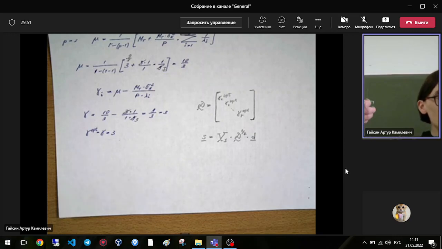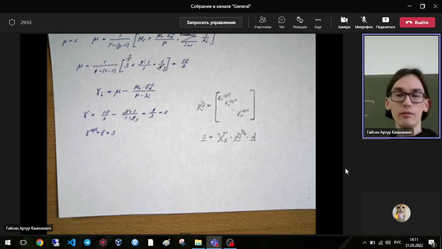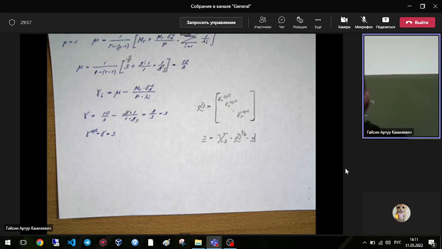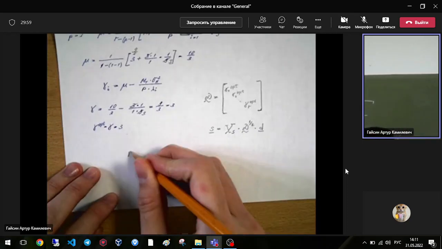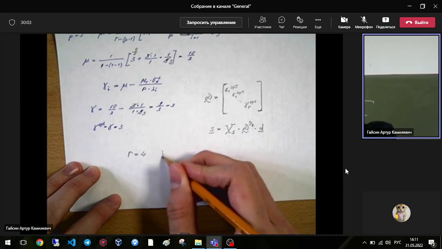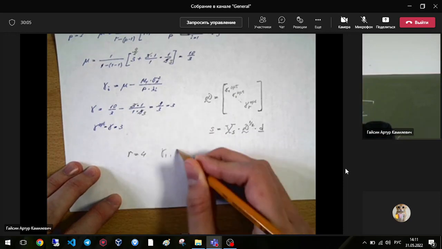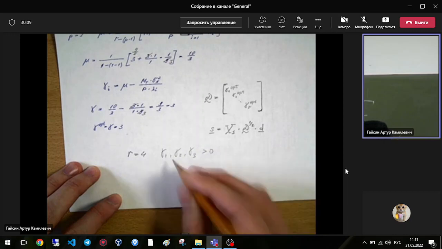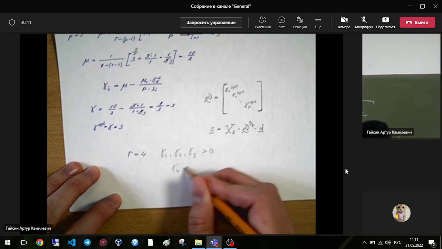And you just switch off one, and all this power will go to, for example, if you have rank equal to 4, maybe. And you see that omega 1, omega 2, and omega 3, for example, are bigger than 0, and omega 4 is less than 0.